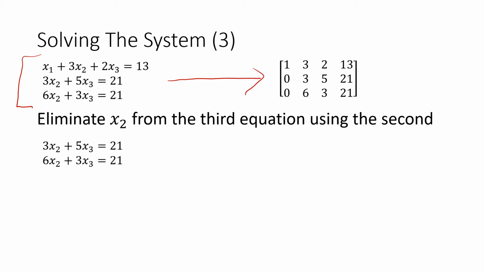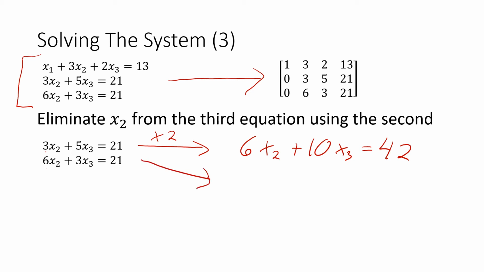I'm going to use the second equation now to get rid of the x2 from the third equation. Again, using the idea of the elimination. So let's do the same thing. I'm going to take my first equation, multiply it by 2, because I see if I double that, I will get the 6. So I get 6x2 plus 10x3 equals 42 by doubling my first equation.